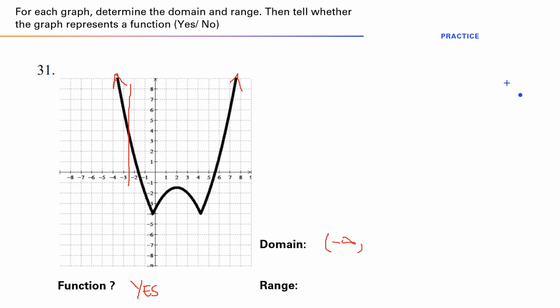Similar to the right one, positive infinity. Now for the range. The lowest one is -4, right? Nothing below that point. Alright. Included, so -4, comma. Now it goes up forever. So that's positive infinity.